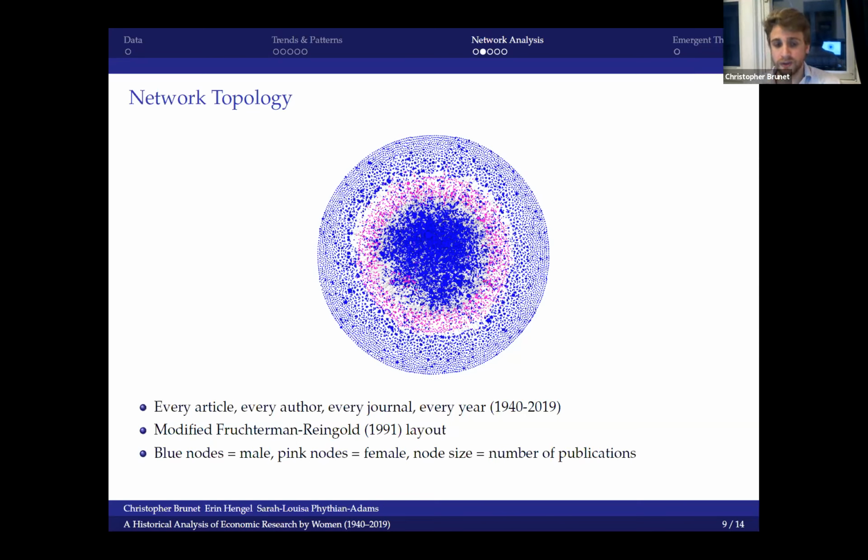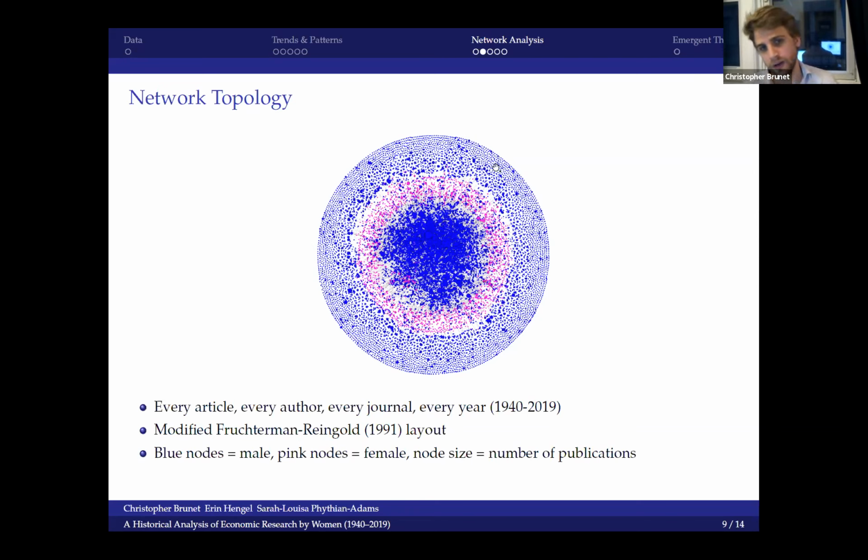In any case, this is laid out in a modified Fruchterman-Reingold layout. The reason we chose Fruchterman-Reingold is because it's one of the most mainstream methods in the networks literature, and you would need a better reason to choose something else. The reason it's a modified layout is because if you just run the vanilla Fruchterman-Reingold layout, it gets very tangled and clustered and messy and just looks like a big ball of nodes. So we tweaked it and played around with it until we built these rings.